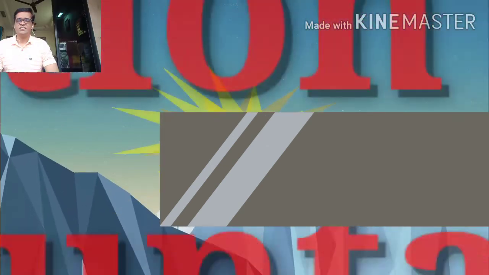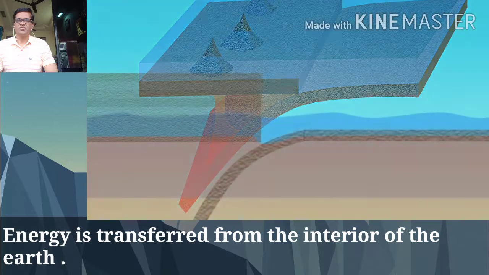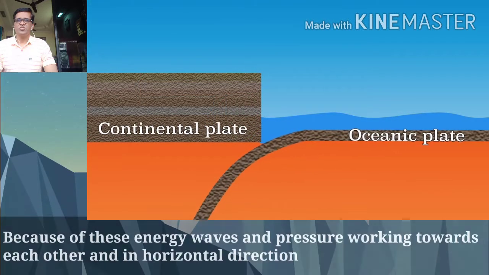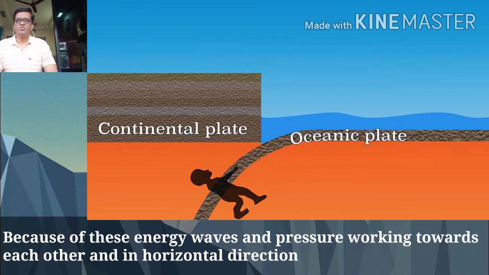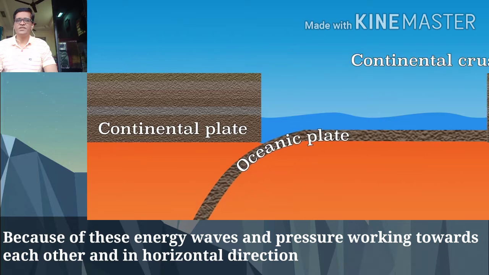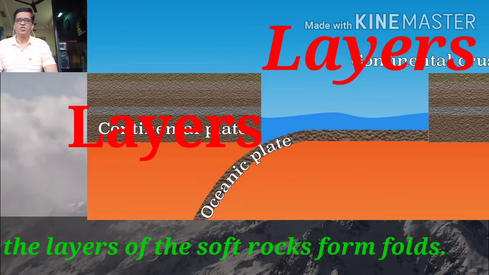Now we will see how fold mountains are formed. Energy is transferred from the interior of the Earth because of these energy waves and pressure working towards each other and in horizontal direction. The layers of the soft rocks form folds.